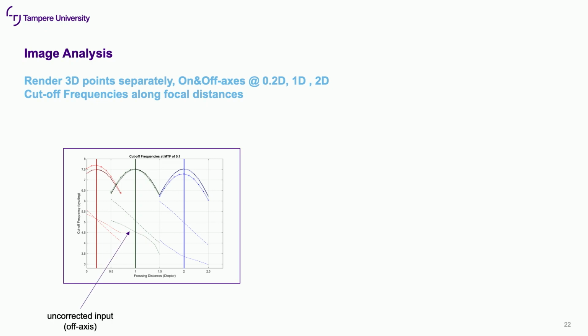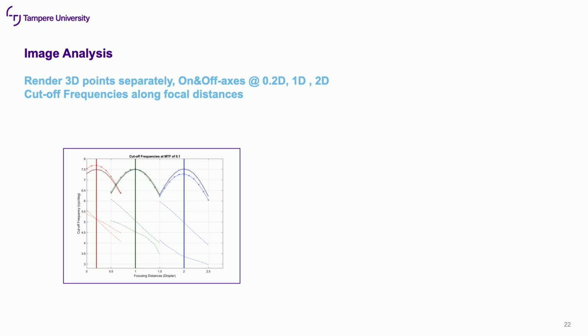The dash-dot line at the bottom represents the off-axis result, while the dashed line represents the on-axis result. Both are under uncorrected cases. The solid line with crossed markers indicates the corresponding corrected results in the off-axis case, which almost completely overlap with the on-axis corrected results in solid lines.